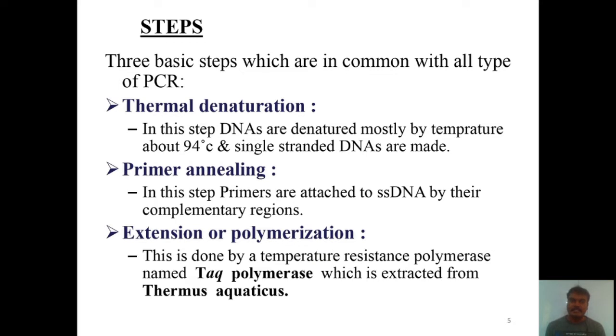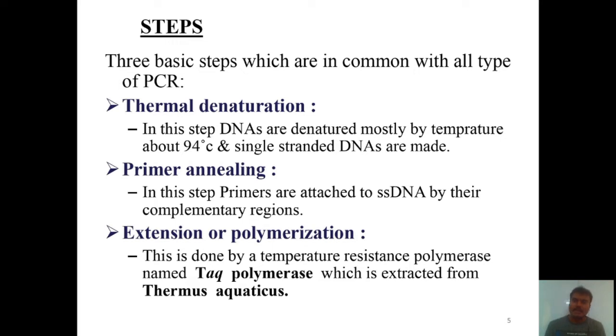Then the second step is primer annealing. Once the strand separates, you have to reduce the temperature to 55 to 65 degrees Celsius. At this temperature, your primer, a small stretch of DNA, can anneal with your template DNA, that is your target DNA that was previously denatured.